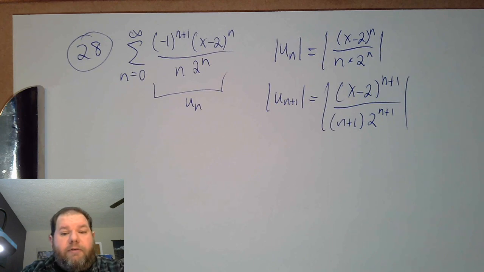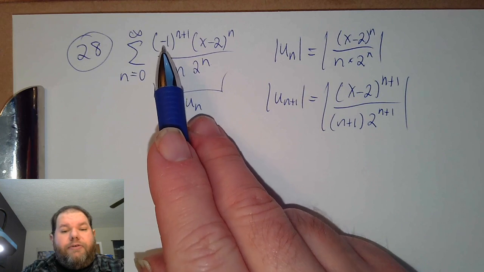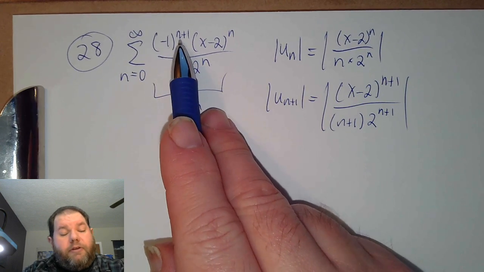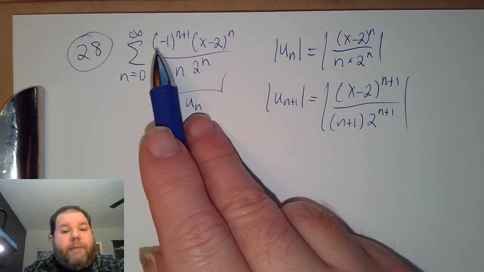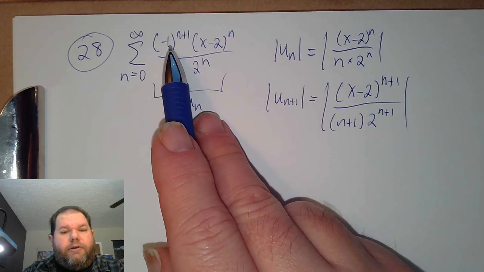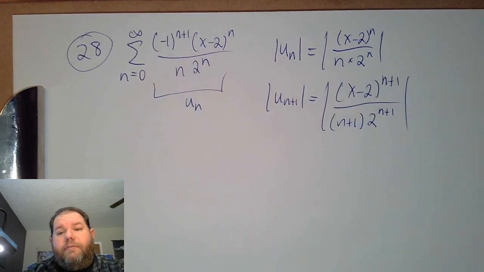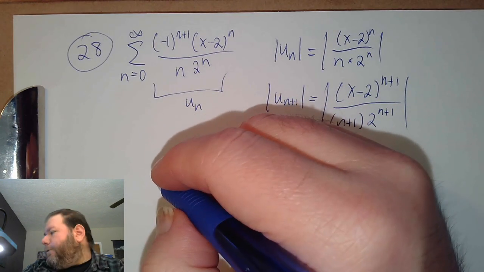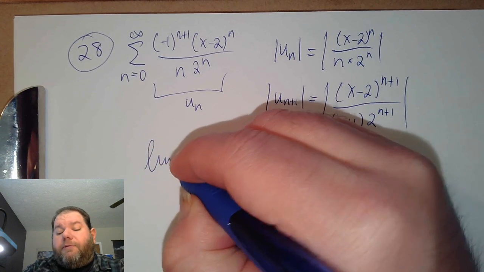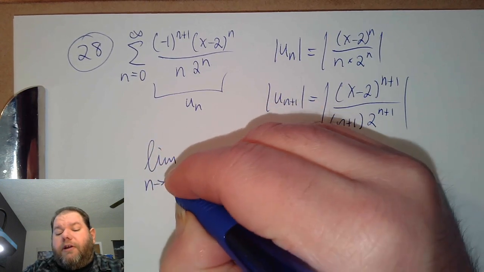Okay, by taking the absolute value, we get rid of the alternating term, because this value is either negative 1 or positive 1, depending on the exponent. If we take the absolute value, it's always positive 1, and we don't need to write it down if we're multiplying everything by 1. Okay, so we set up our limit, n going to infinity.